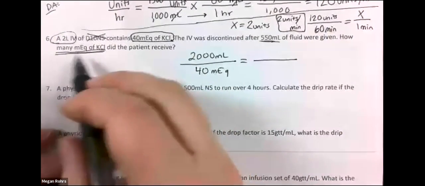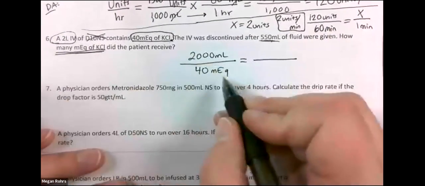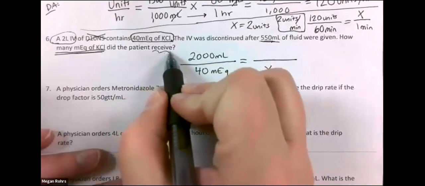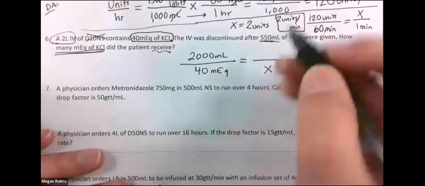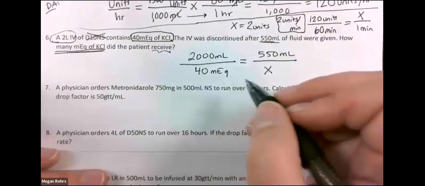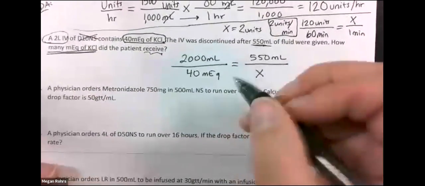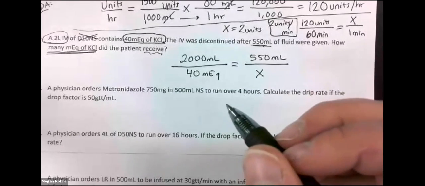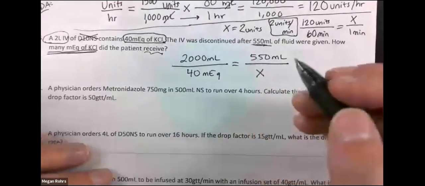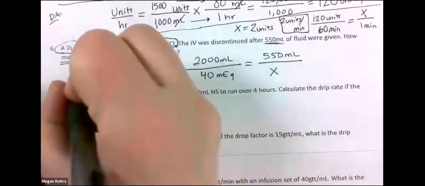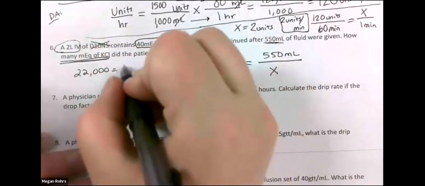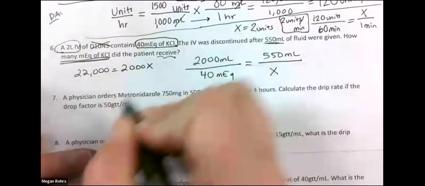We're looking for how many milliequivalents, so I know my X has to be on the bottom, did they receive? Well, they received 550 mils of the fluid. So ratio and proportion here, we can take 40 times 550. That gives me 22,000 equals 2,000x.